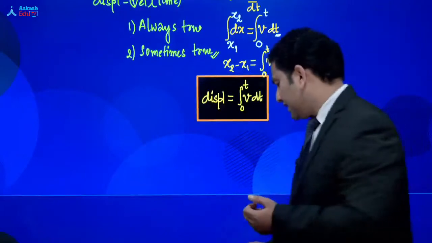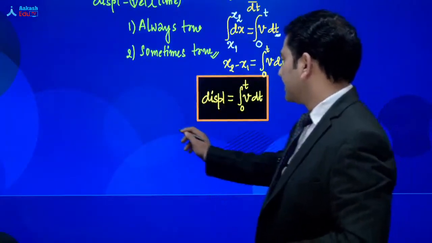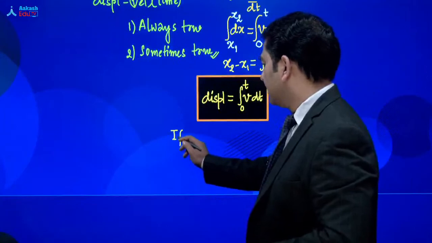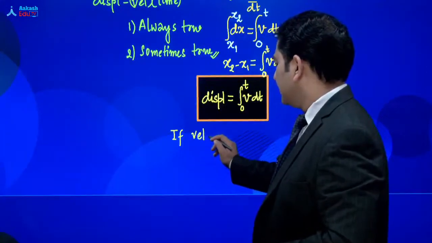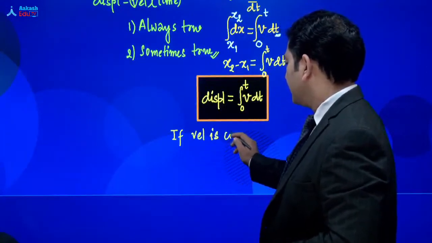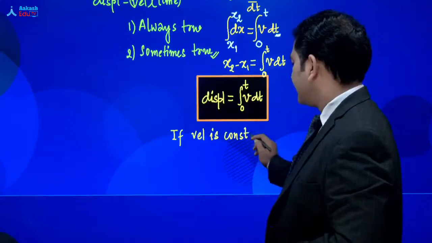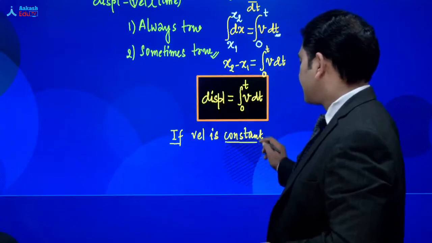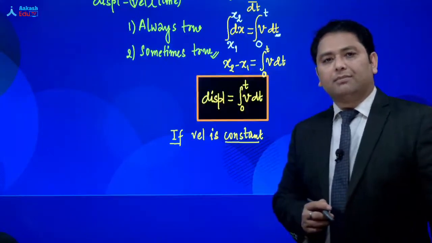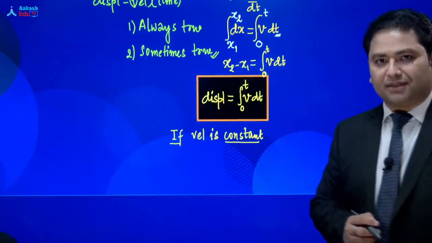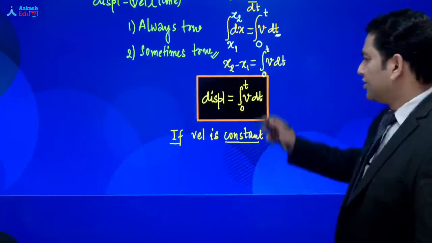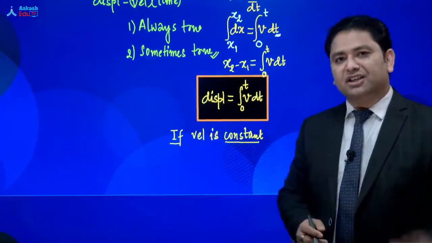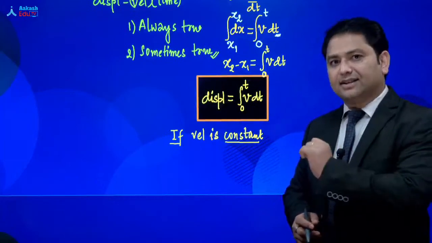But many times what happens is that we get a condition that if velocity is constant, let's assume the value of velocity is constant. Now just try to see, if it is constant, then we know by the idea of mathematics, if anything is constant, we can take it outside the integration.